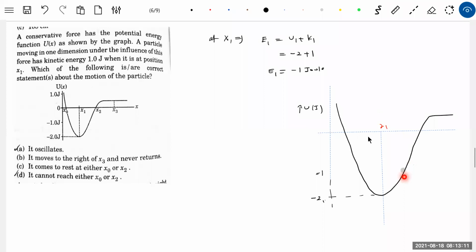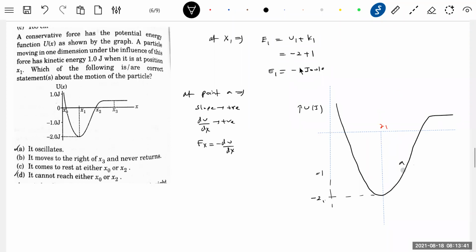We'll calculate the slope at point A. At point A, what is the slope? Slope is positive. If slope is positive, du by dx is positive. Then what about F? Fx equal to minus du by dx.